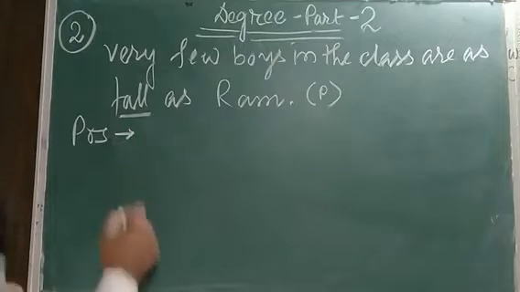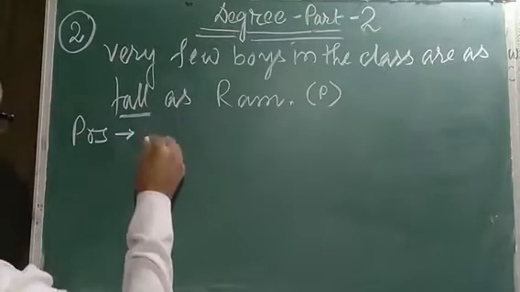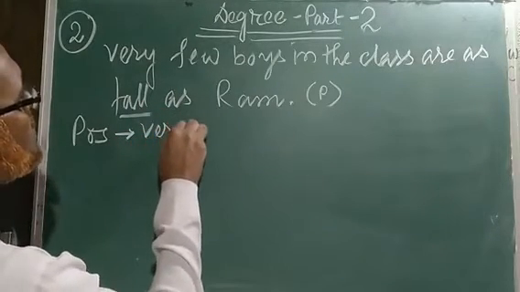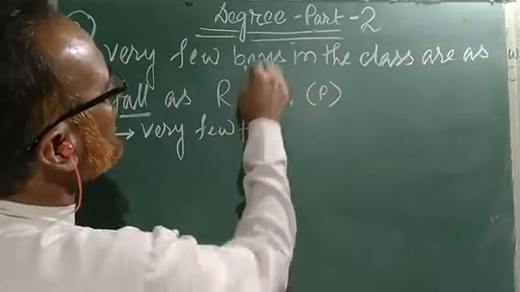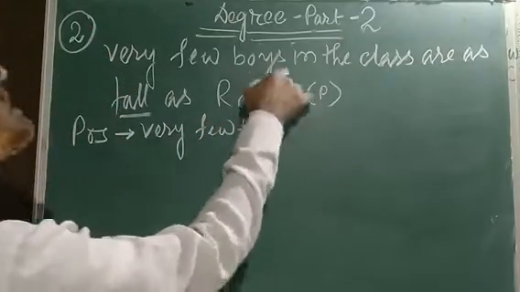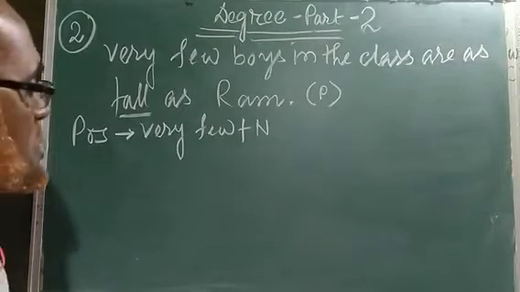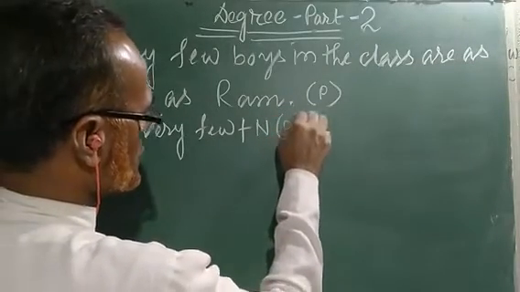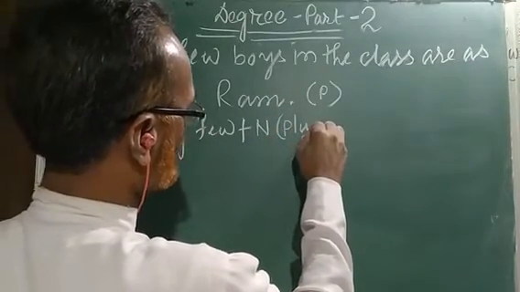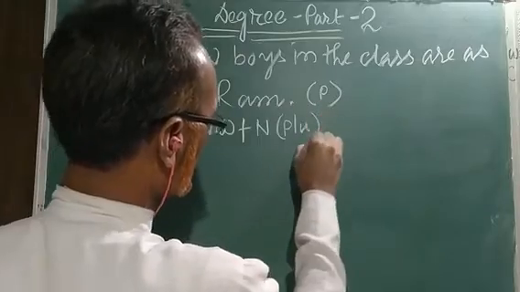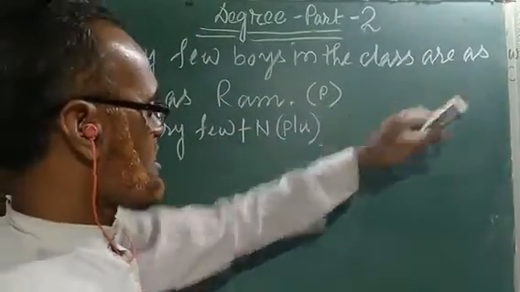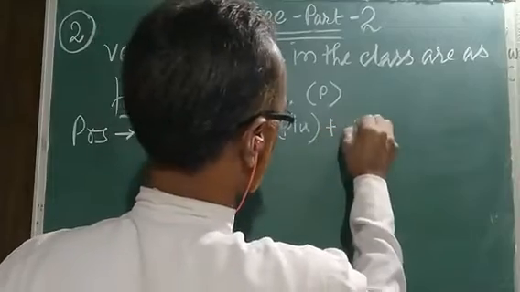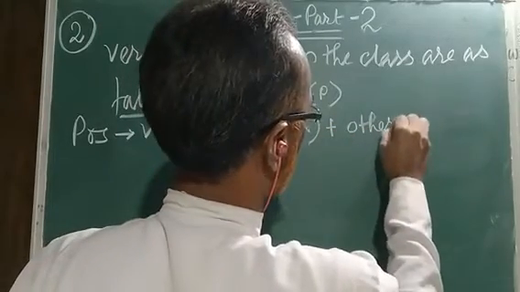POS, short for positive degree: very few plus noun. It is a noun, boys, but we have to write it in plural form as boys. In the class, we will write it as other word.